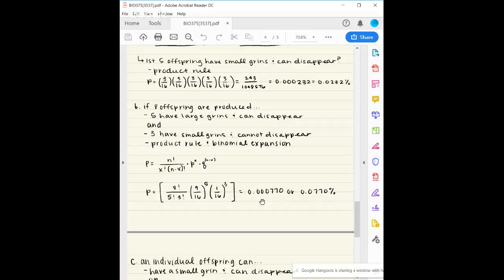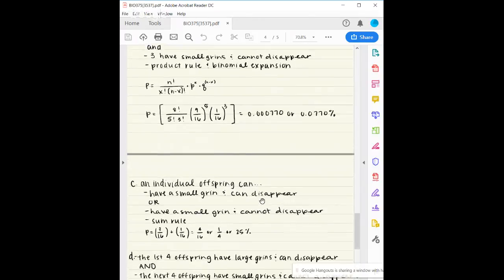And the 9/16 we got from 3/4 times 3/4. So 9/16 to the 5th power times 1/16 to the 3rd power. And then 1/16 we've got from the 1/4 times 1/4. And then the final answer for that one was 0.077%.